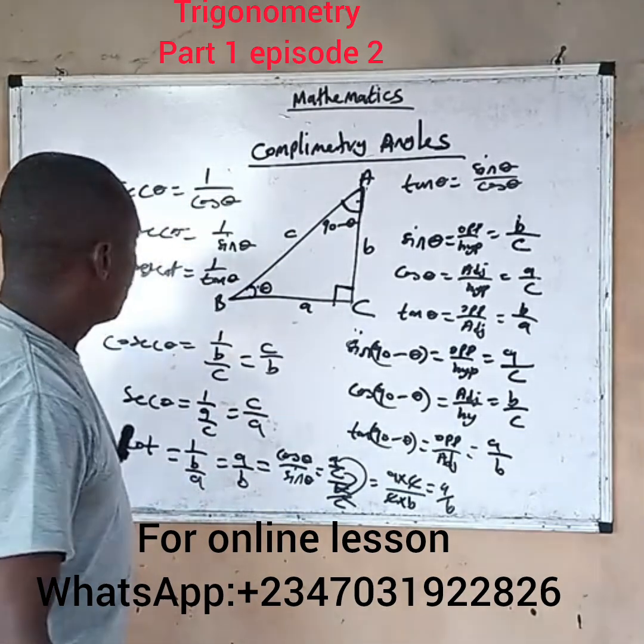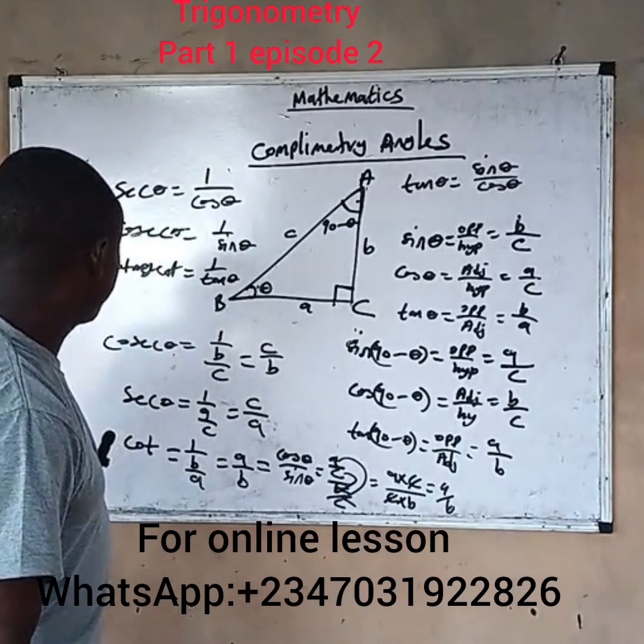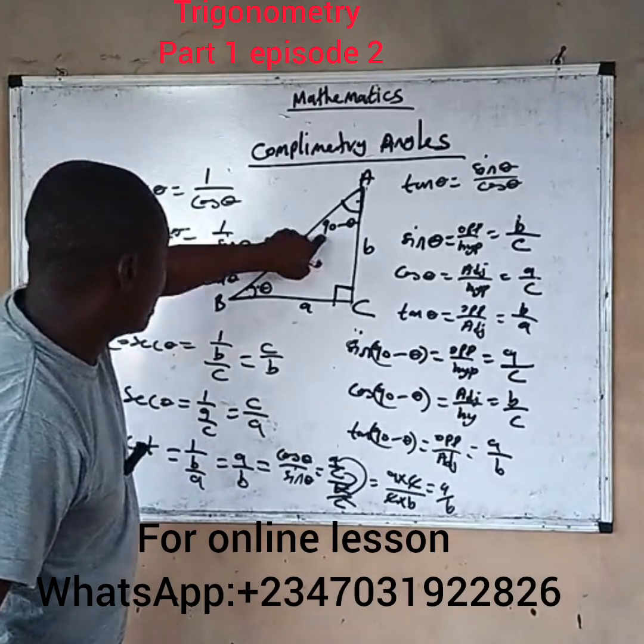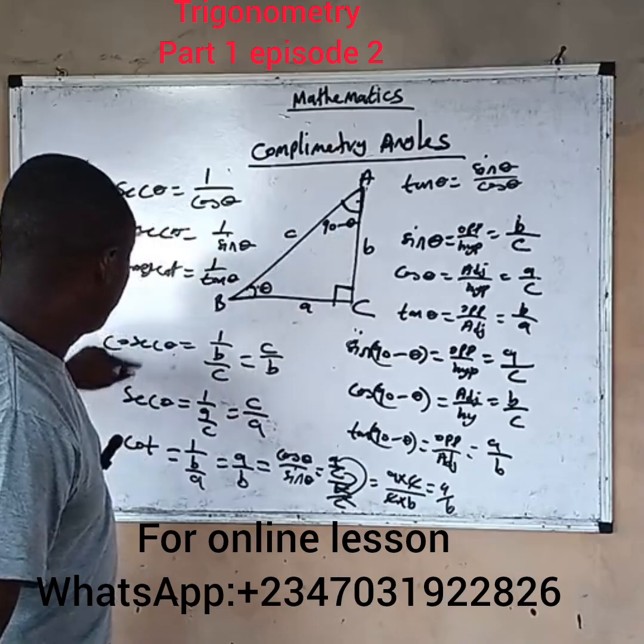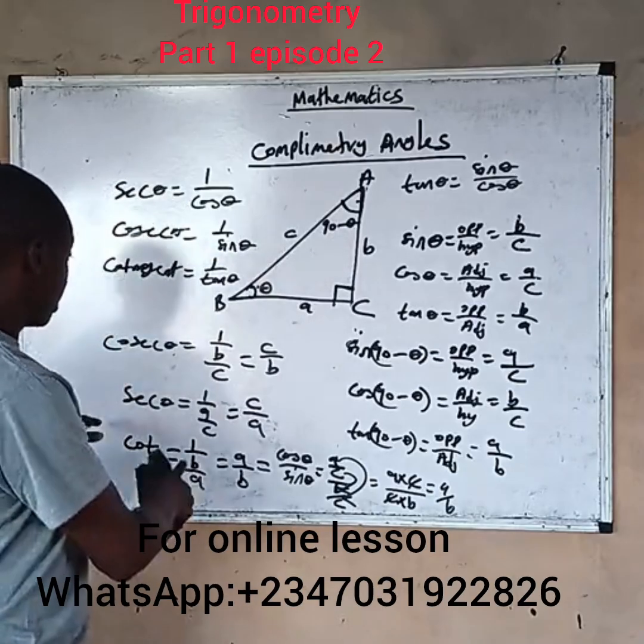All right. So having established that, let us now look at this 90 minus theta. There's also a relationship between the sine, cosec, sec, and all those things.